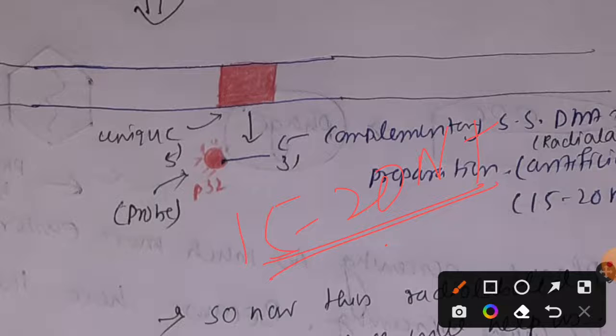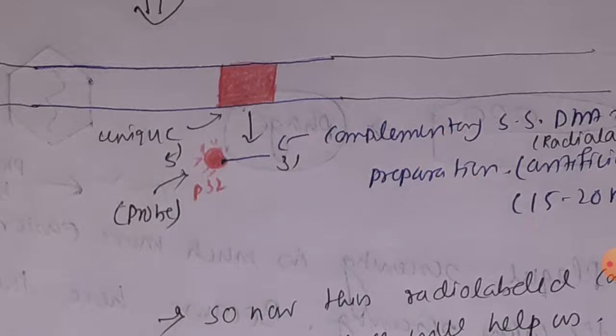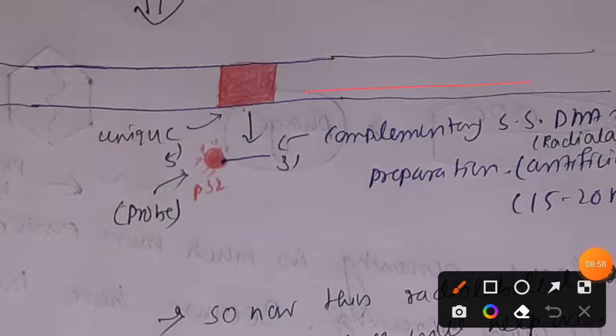Okay, and another thing I want to mention to you is that the complementary sequence should not be too long. Okay, and it also should not be too small. In both cases, the uniqueness of the complementary sequence will fall, because remember, the rest of the gene of interest is nothing but ATGC, right?